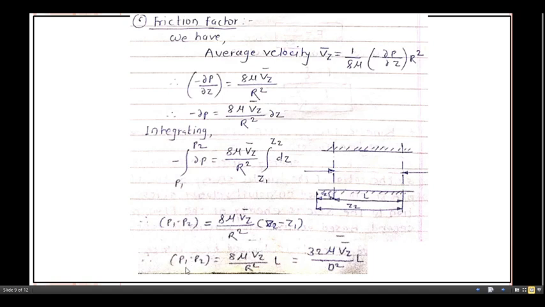In this way we can get the pressure drop, P1 minus P2 equals 8 mu Vz by R square into L. Z2 minus Z1 is the thing, but we consider it here as L. At this spot consider P1, at this spot consider P2.